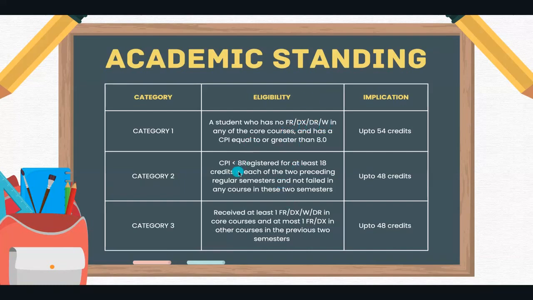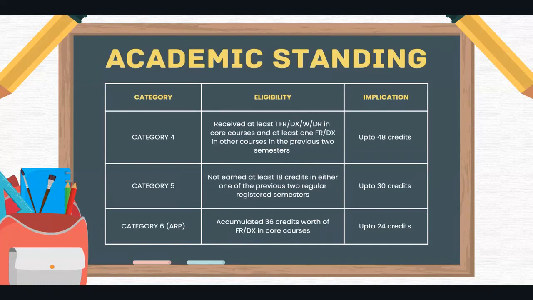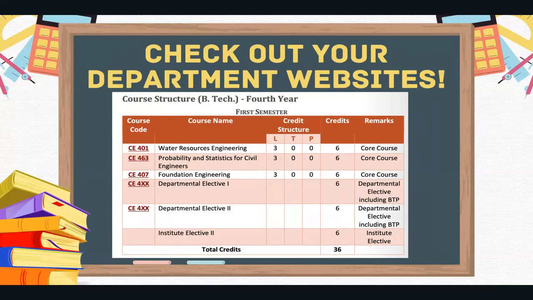So if you don't have any backlog and you have a CPI less than 8, then you will be considered in category 2 and you'll be able to do up to 48 credits. And if you have received at least one of these backlogs, then you will be put in category 3. You can go through these slides and reconfirm which category you will fall in, and how many credits you can take, and accordingly decide upon your course load.